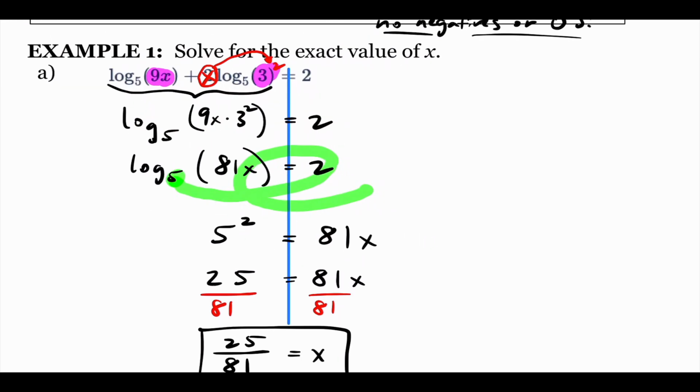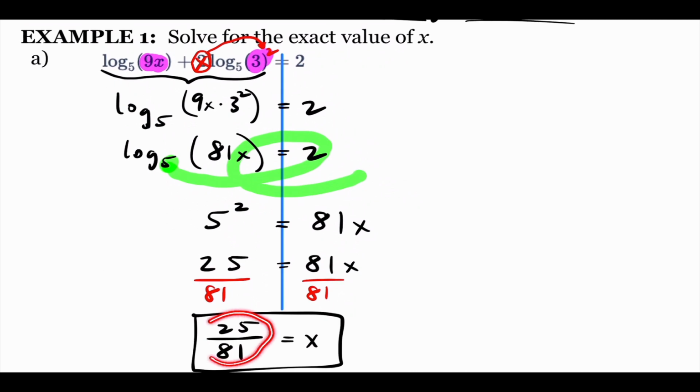So what I'm going to have to do to check is take my answer. Is my answer positive or negative? Positive. Barely positive, but it is positive. It's less than 1. So if I were to multiply a positive number times a positive 9, would I get a positive, a negative, or 0? Positive. So because it's positive, we're good. I don't care what the number is.